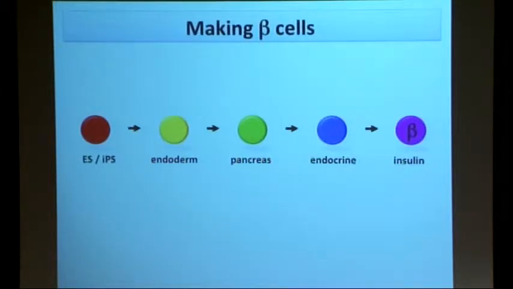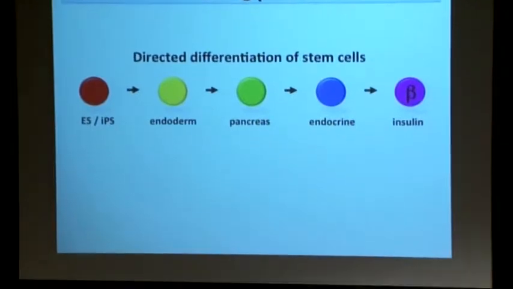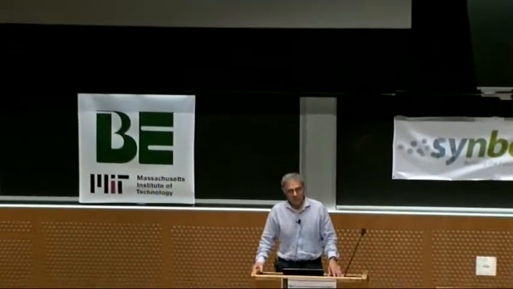But I'm going to really focus in for this group on this first thing, the directed differentiation of embryonic stem cells. We have prosecuted this by making fluorescent reporters in these cells and studying the normal development in rodents, and then to the extent possible using human fetal material to confirm our findings on what genes come on and go off.